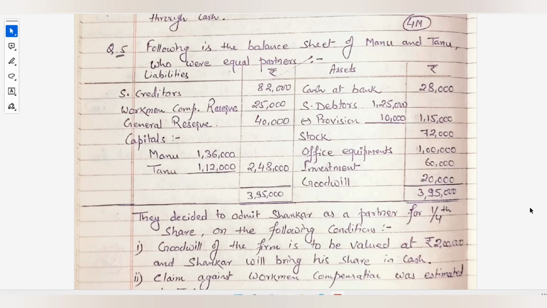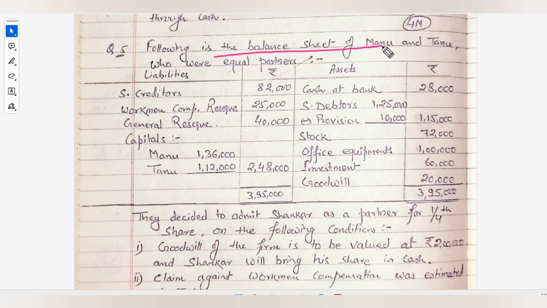And again, this is a major and important part, I would say, from the whole syllabus because, as you all know, in the chapter admission of a partner, a very important part is there carrying 6 marks. Previously it appeared in the paper as an 8 marks question, but nowadays the board is giving questions of only 6 marks. There is no question of 8 marks, so it is a very important question.